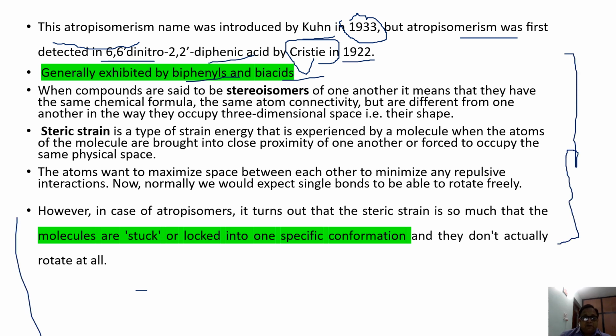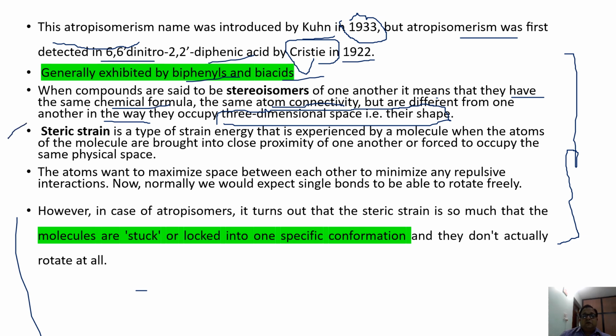Let's have a discussion. When compounds are said to be stereoisomers of one another, it means they have the same chemical formula and the same atom connectivity, but differ from one another in the way they occupy three-dimensional space.